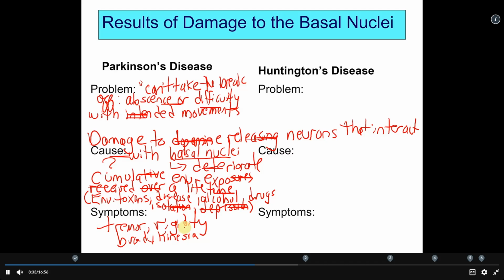Huntington's disease, on the other hand, only affects about 30,000 Americans. And the problem is that you can't put the brakes on. And so what happens is you get excessive unwanted movements.